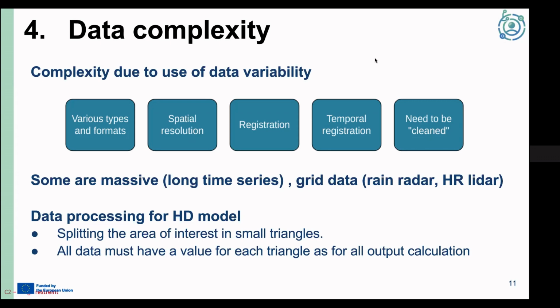So for that, a big part of our work is to do some registration. We are also treating temporal data because we want to predict a flash flood, for example, in the hour or 8 hours later. So for that, we have to treat the data temporally. And we have to clean our data because some outputs can have outliers, for example, but if we are using AI, they need to be clean.